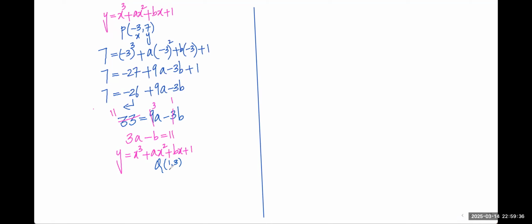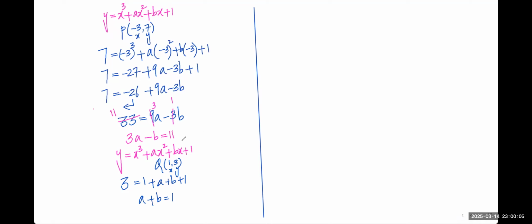Again, in place of x and y we put 1 and 3. Putting 1 in place of x, we get 1 only, we get a here, we get b here, and here 1 again. So 1 plus 1 is 2; if you bring that to the other side, 3 minus 2 is 1. So a plus b is equal to 1. Got this relation?